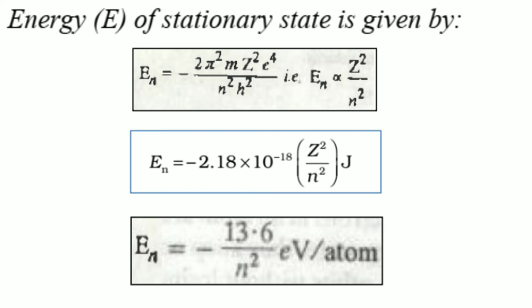So as the value of the principal quantum number increases, the energy value of the shell increases towards zero. In terms of joules you can easily calculate the value of energy, and in terms of electron volt per atom, its value is minus 13.6 upon n square electron volt per atom.